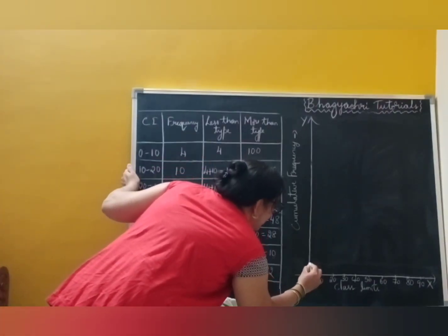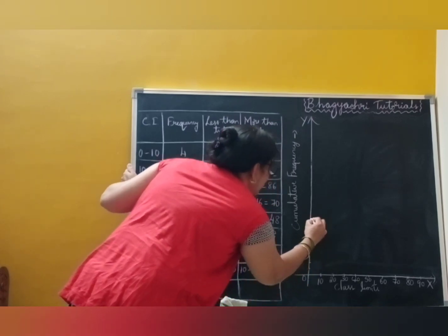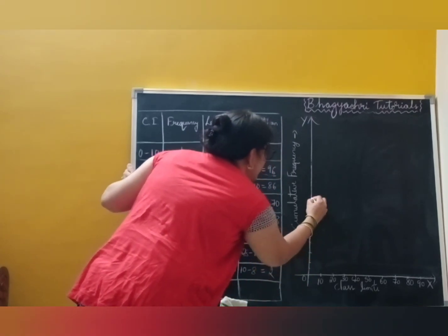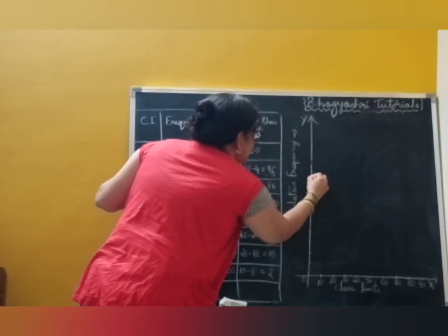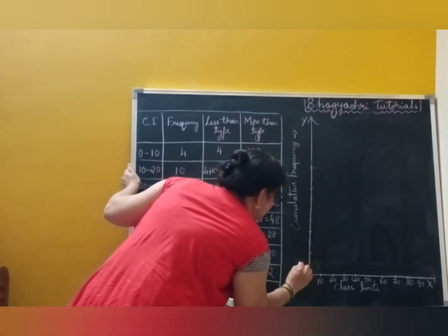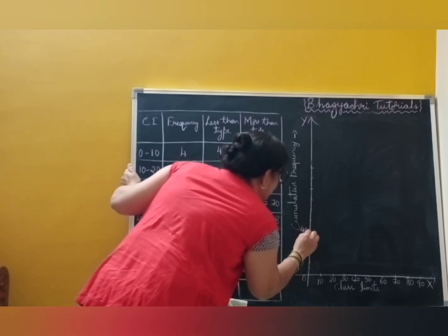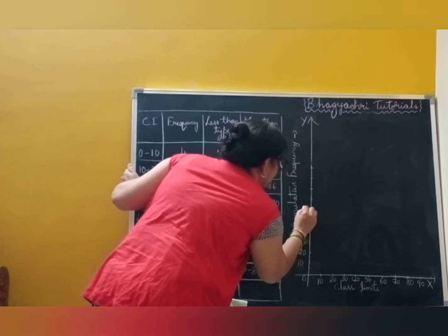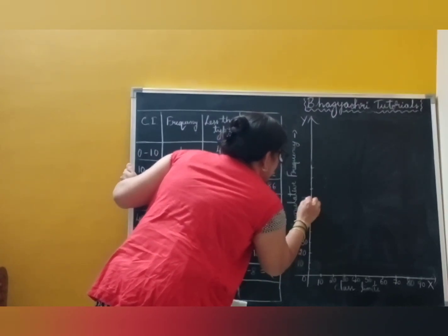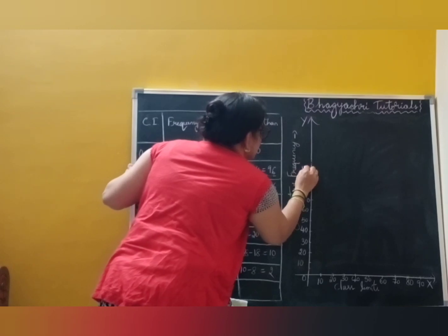So let us take frequency also here: 10, 20, 30, 40, 50, 60, 70, 80, 90, 100.